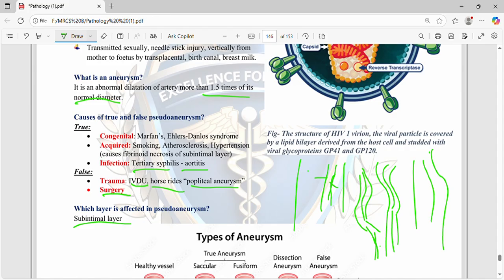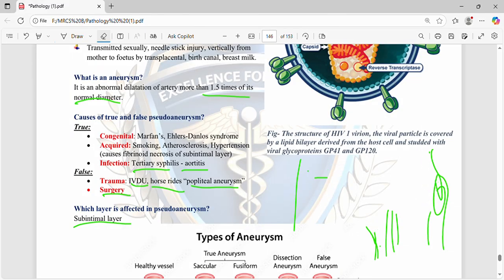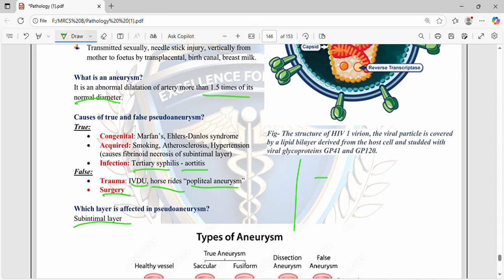It's a bit confusing, and some people get it wrong, so let me clear it again. For example, this is your endothelial layer.